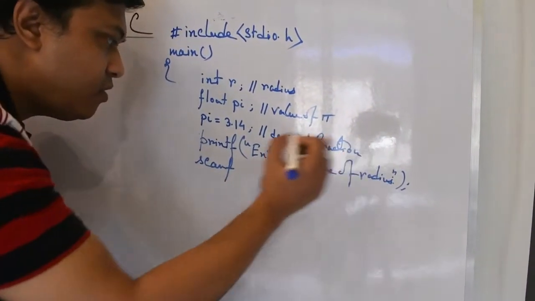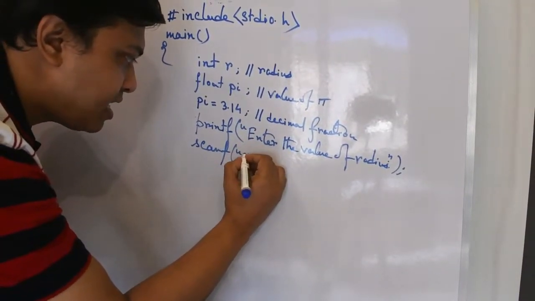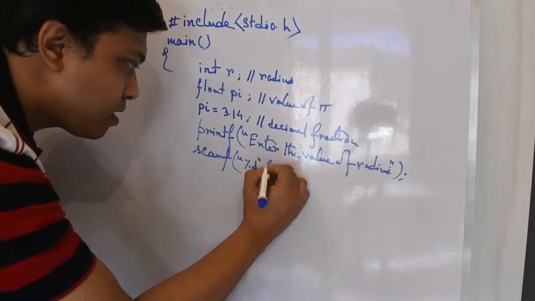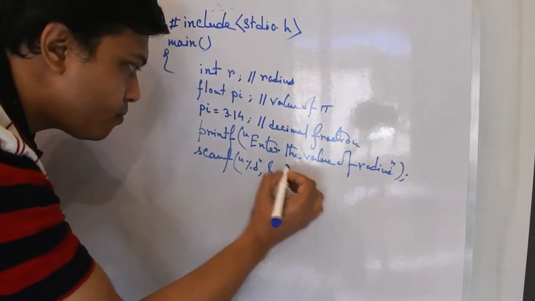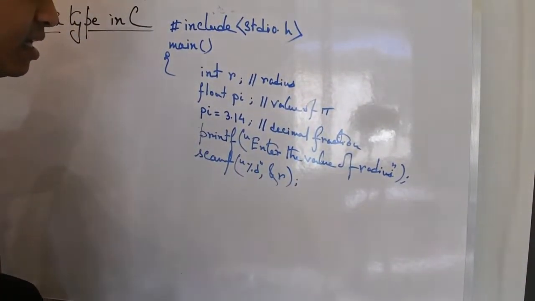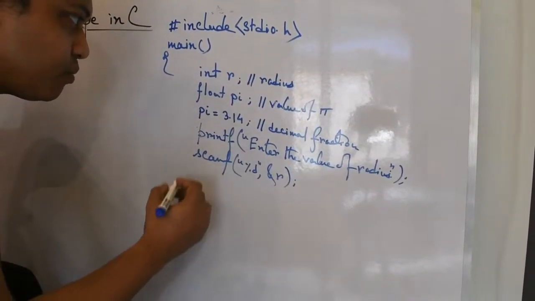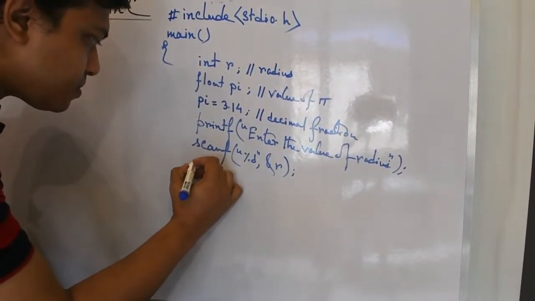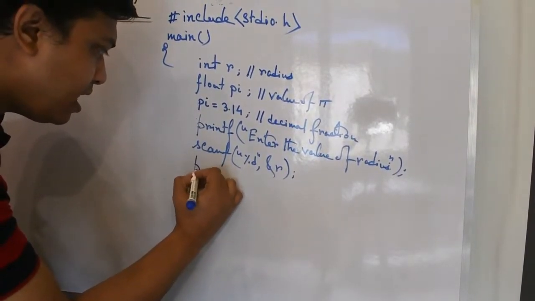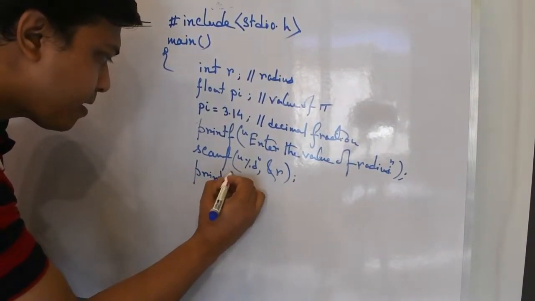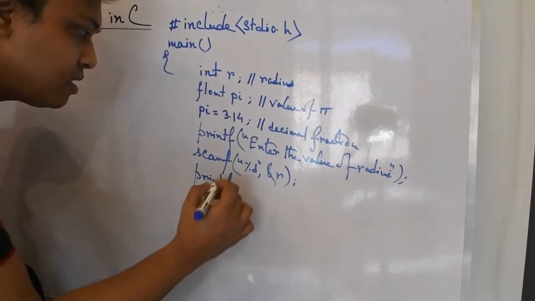printf, enter the value of radius, and then we take input. r is the integer, which is basically the radius. After taking the input, we are going to calculate the area and print it. How are we going to do that?